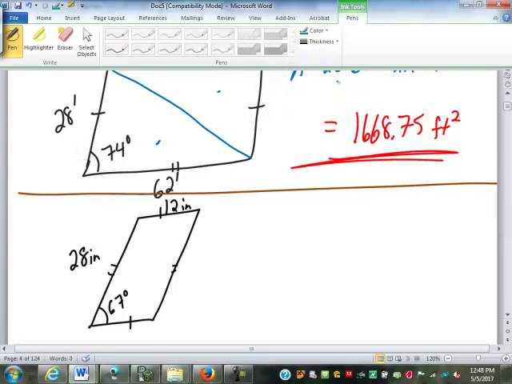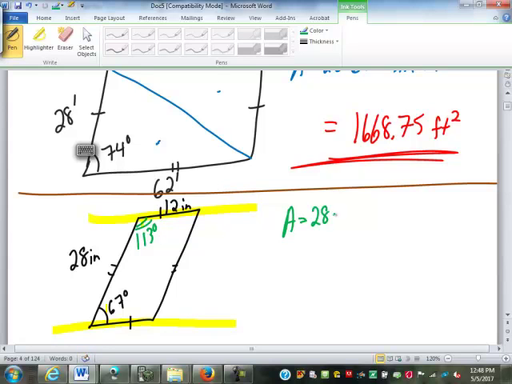What do I need to do? I need to find this angle here, which I can find really easily. Why is that so easy? These two lines are parallel because it's a parallelogram, right? So these two angles are either equal or supplementary. Well, they're definitely not equal, so they're supplements. This is 113 degrees.